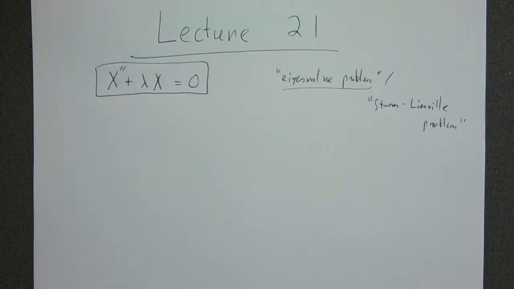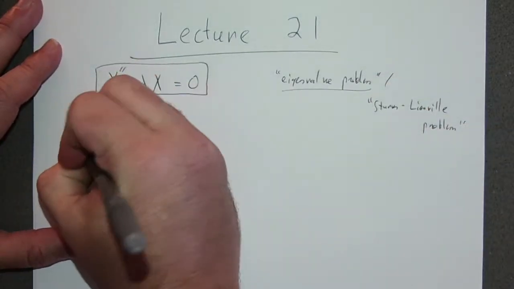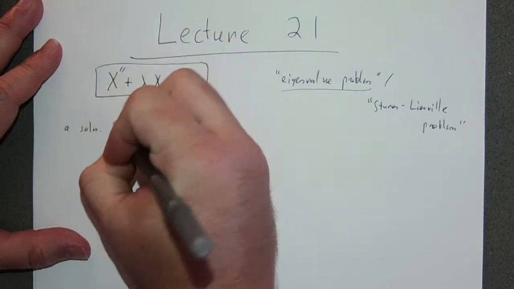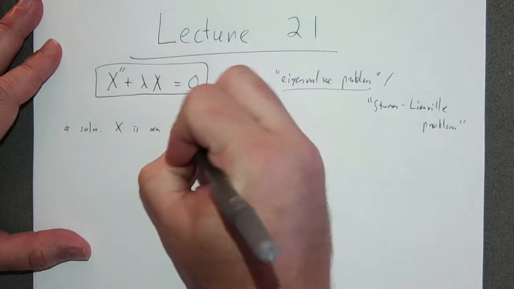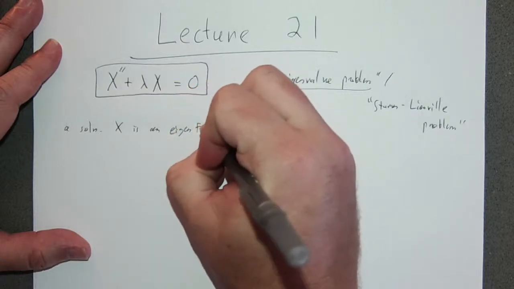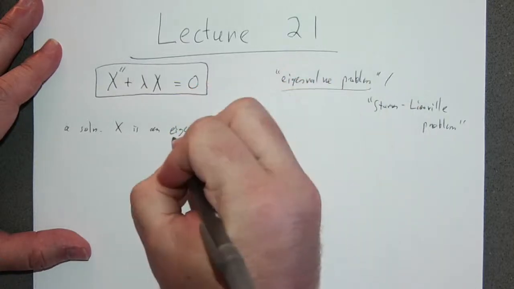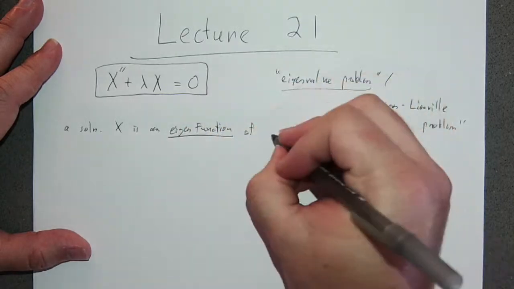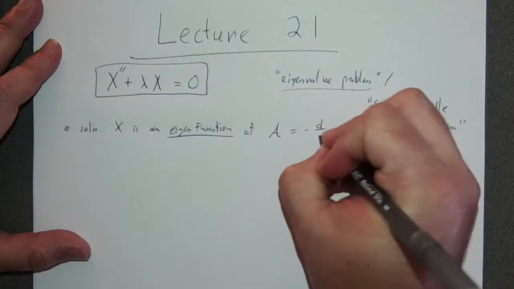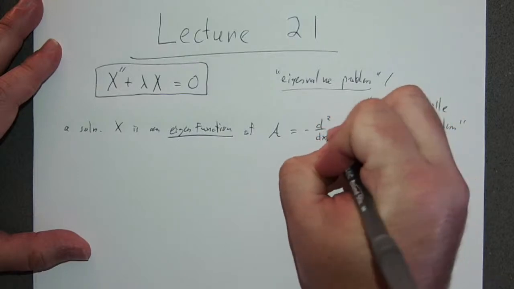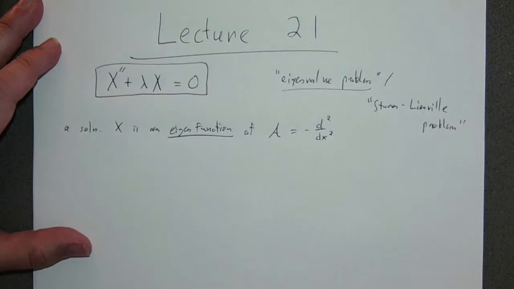Okay, so what is it that we are doing? The idea is this is an eigenvalue problem where a solution x is an eigenfunction of this script A differential operator, which we had defined as minus d squared dx squared, so minus the second derivative.